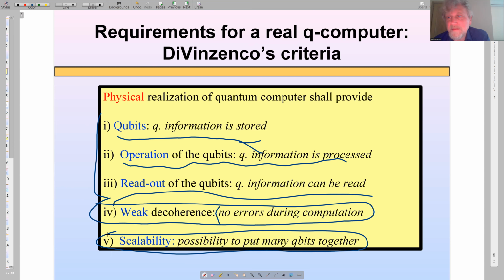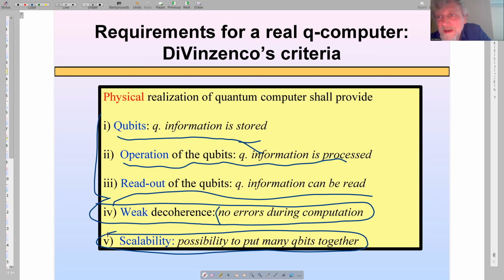So one has to develop quantum computing schemes which allow integration of many qubits within the same quantum computer. Okay, those are the criteria, and they emerged very quickly.